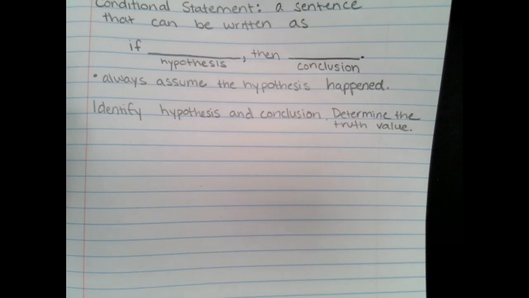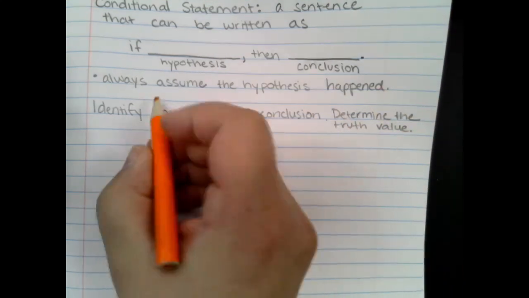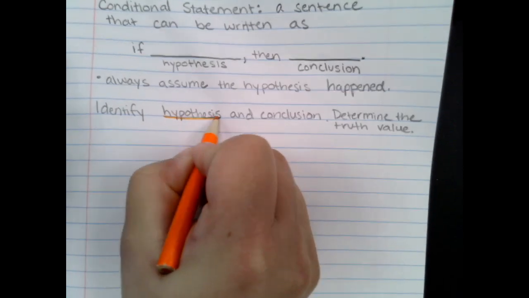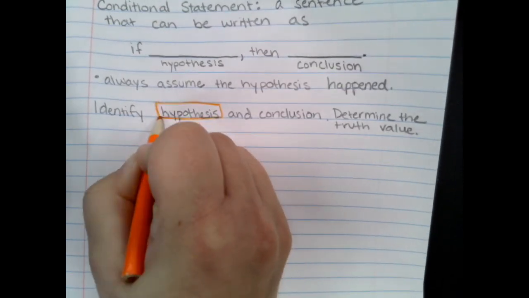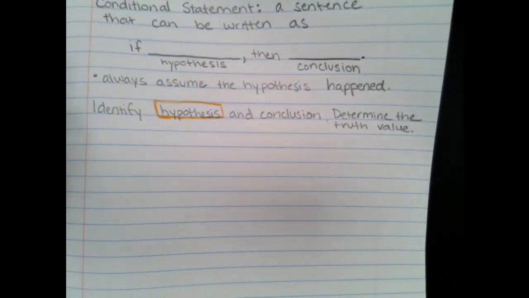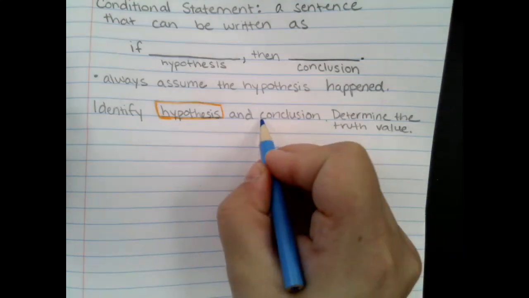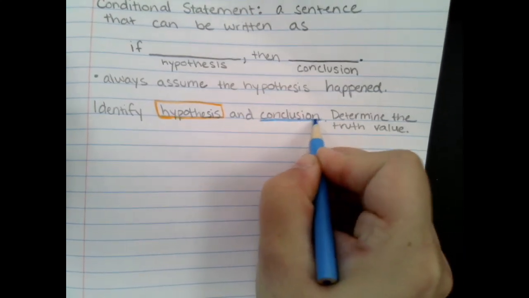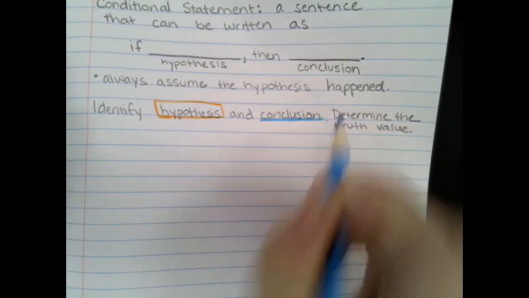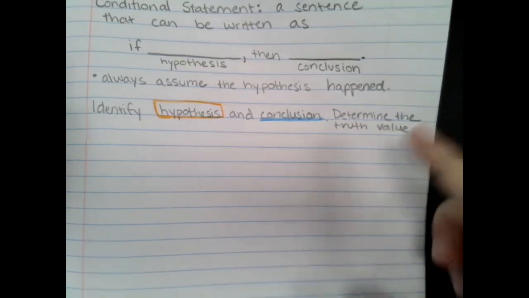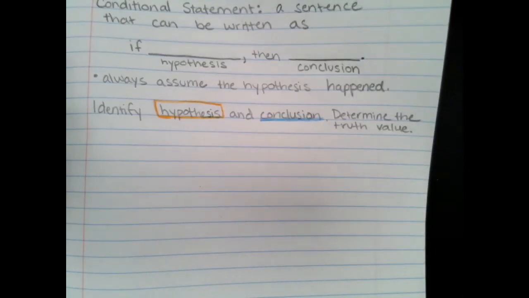All right, this is the part where I'm going to use my colors. So if you wanted to use highlighters, you could, or if you wanted to grab 2 colored pencils. I'm going to use orange for hypothesis, and I'm going to do a box whenever I see the hypothesis. And then I'm going to use blue for conclusion, and I'll underline the conclusions. Just that way it helps us kind of identify what's happening a little bit sooner.